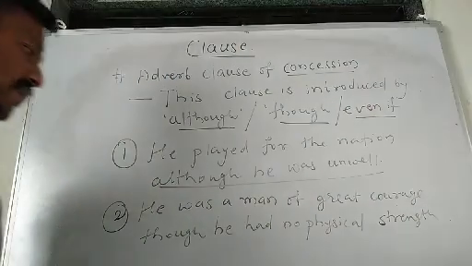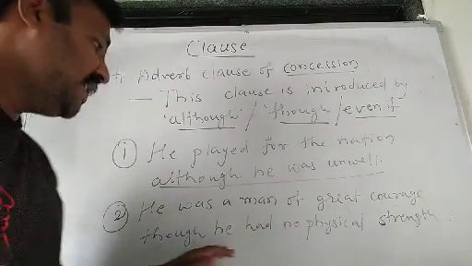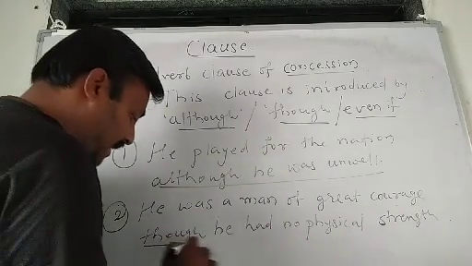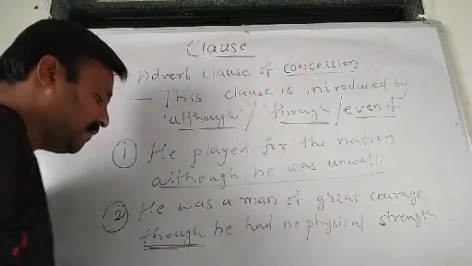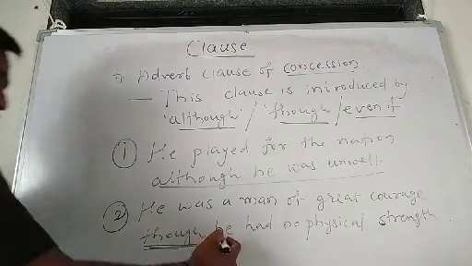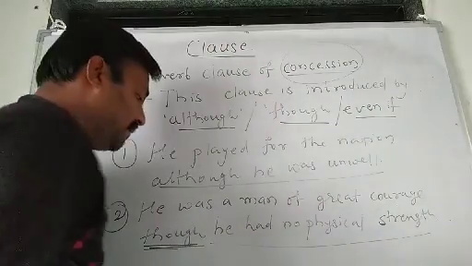So, in this sentence, he was a man of great courage, though he had no physical strength. We added a subordinate clause by the word though, and though he had no physical strength is our adverb clause of concession.